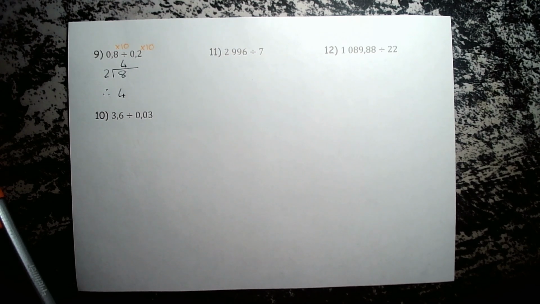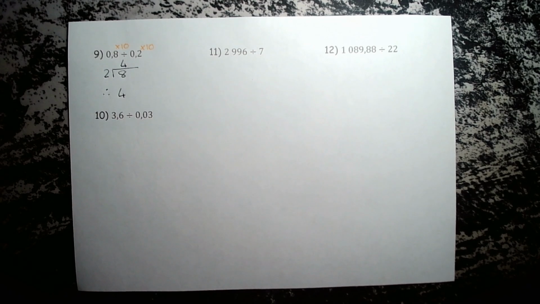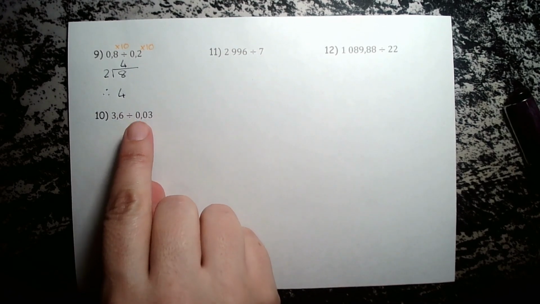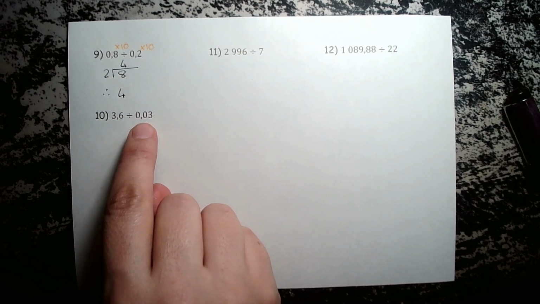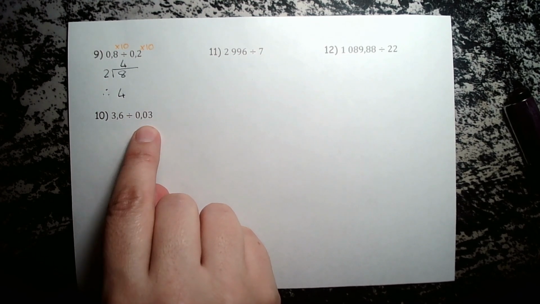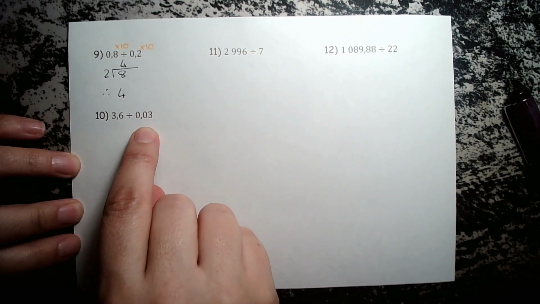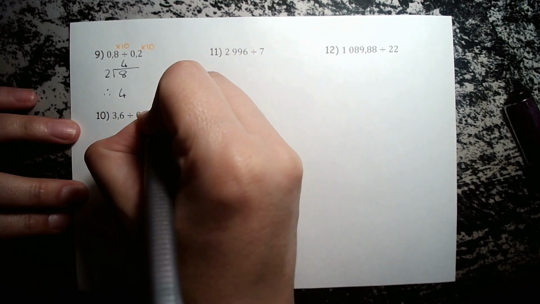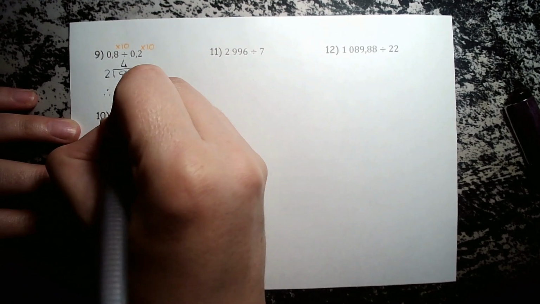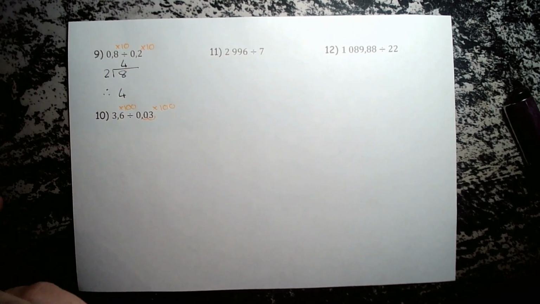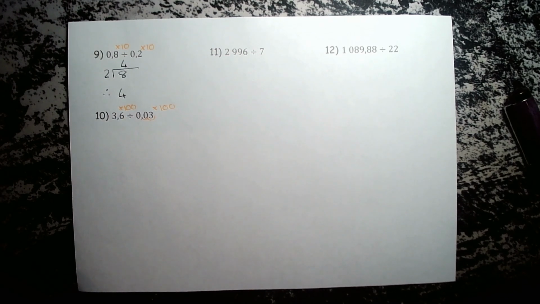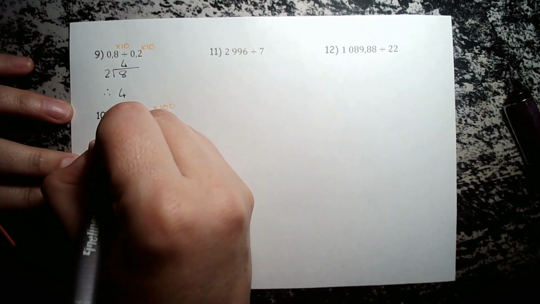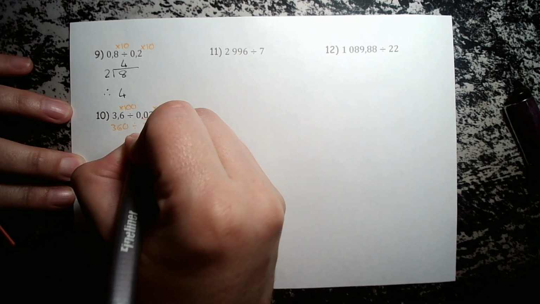Then, number 10, 3,6 divided by 0,03. Okay, our divisor 0,03 needs to be a whole number. So we would need to multiply by not 10, but 100. What we do with one, we do with the other. So now we have 360 divided by 3.